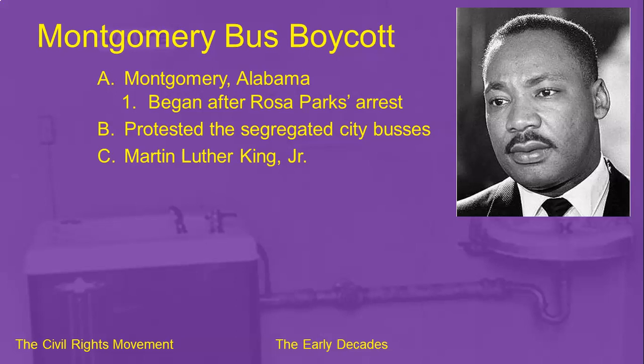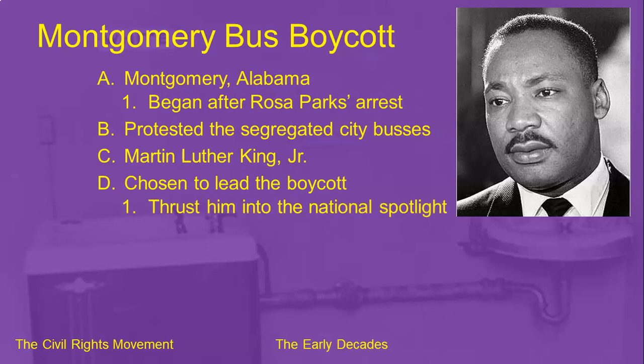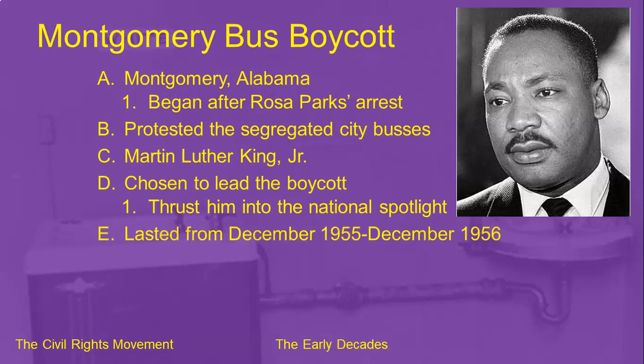The Montgomery Bus Boycott is also important because this is the first protest that Martin Luther King was chosen to lead, and he became the face of the Montgomery Bus Boycott and the civil rights leaders there in Montgomery. And so this gave him a national platform as he would address the media virtually every day during the boycott, announcing what the people wanted and what they would do throughout the boycott, and what they wanted in order to end it.